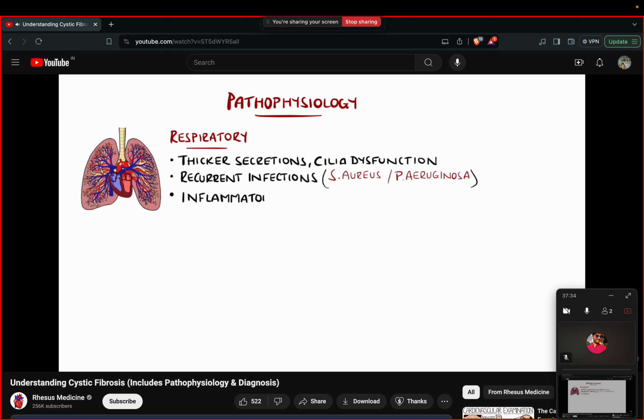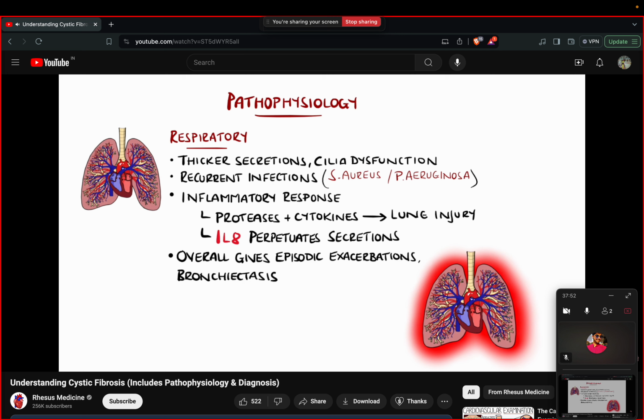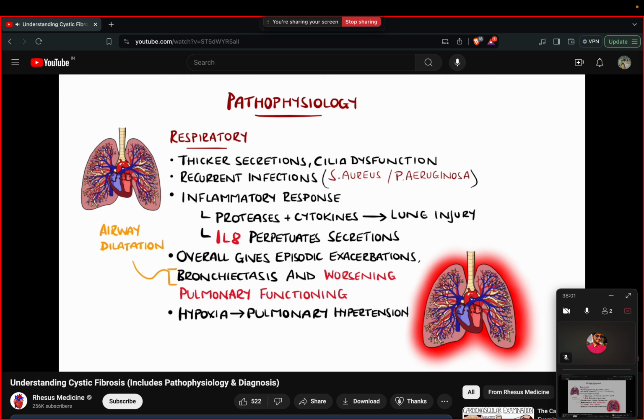There is then inflammation with release of proteases and cytokines that perpetuate the lung injury, including release of interleukin-8 that can stimulate further mucus secretion, altogether giving episodic exacerbations and eventually dilatation and destruction of the airways, termed bronchiectasis, with progressively worsening lung function. The resulting hypoxemia can lead to pulmonary hypertension and eventually right-sided heart failure, or cor pulmonale.